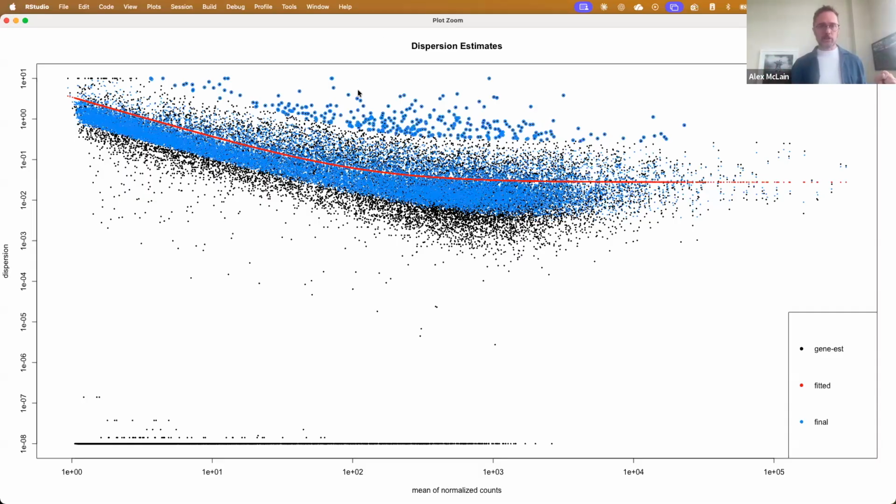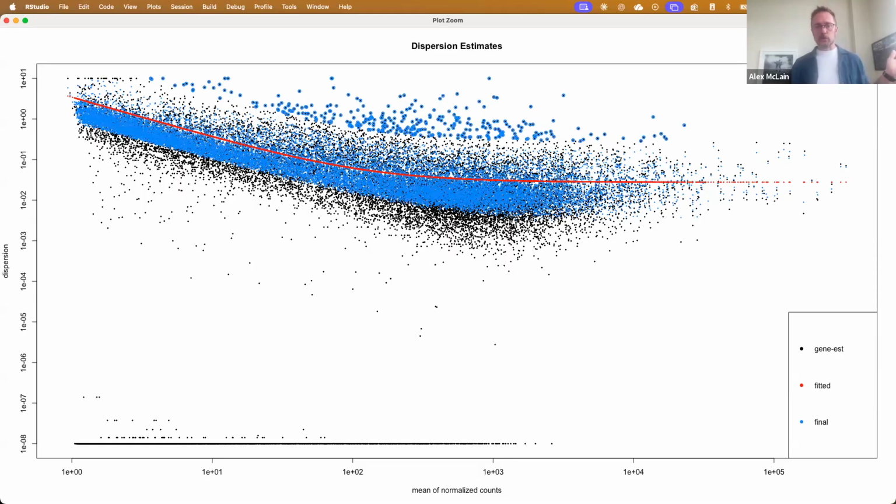When we get a large dispersion parameter estimate, that's less likely to give us a significant p-value. So here we want to be conservative.